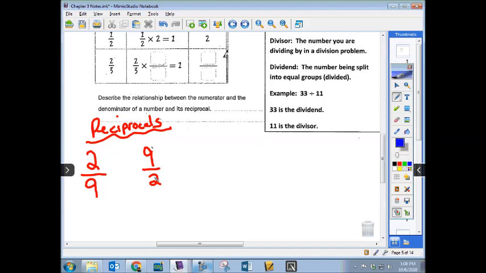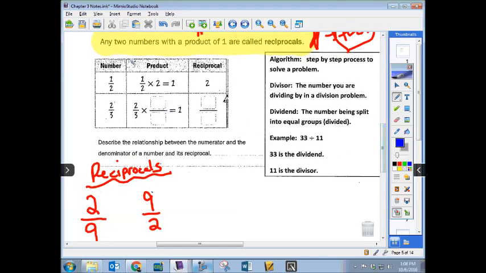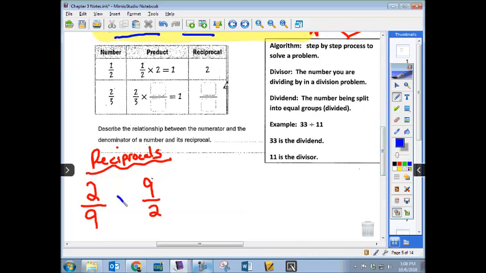When I look at this number, some of you are always going to say, oh, you just flip it. That's how you get the reciprocal. Now that is true, but we've got to understand why. Let's go back to that definition: any two numbers with a product of 1. Product means if I multiply these two numbers, if they're truly reciprocals, then they must equal 1.